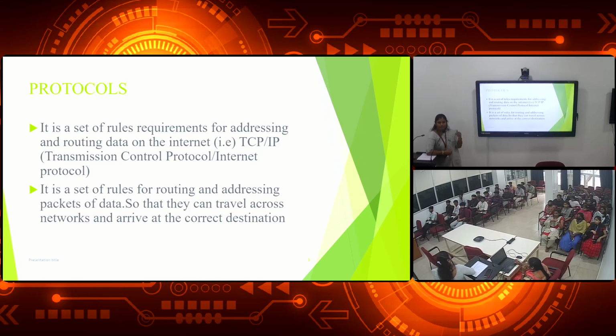Each one has its own separate work part. So what does TCP/IP do? It just makes a routing. That is, if you search in the search box, it will route the way to the information you are searching for, and take that route to the system like a path. From there the information will come to the screen.